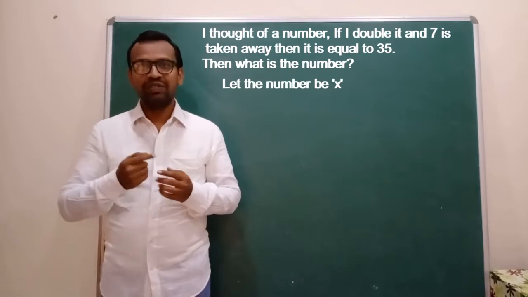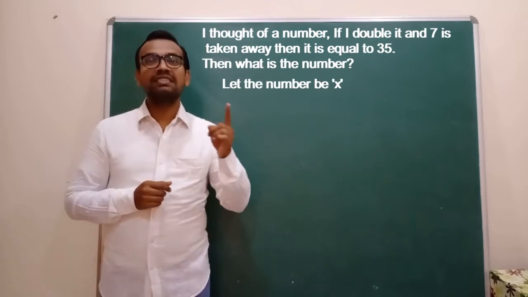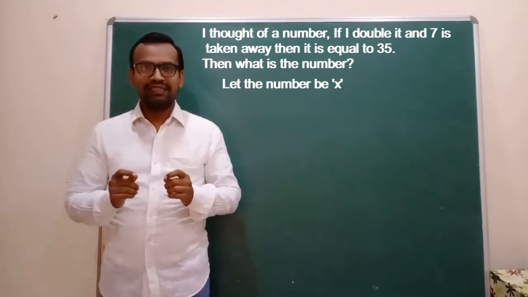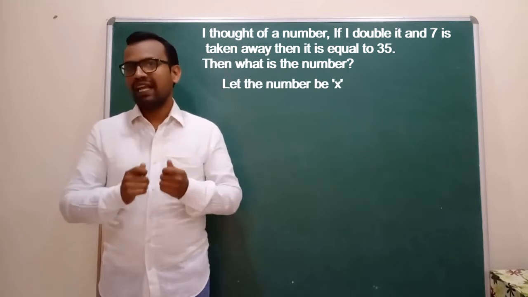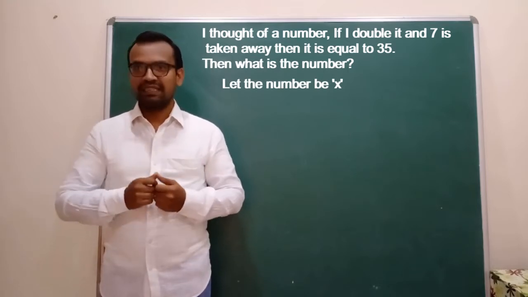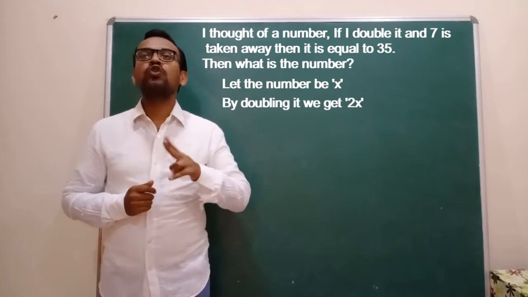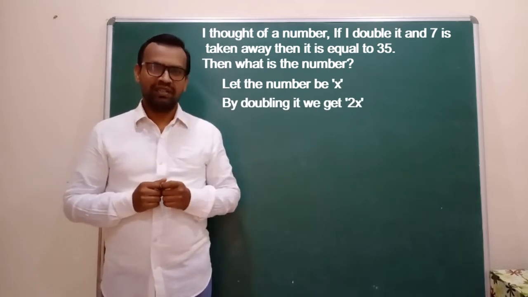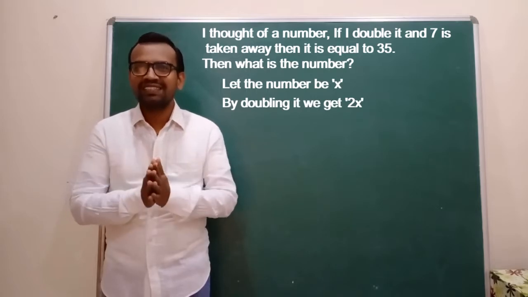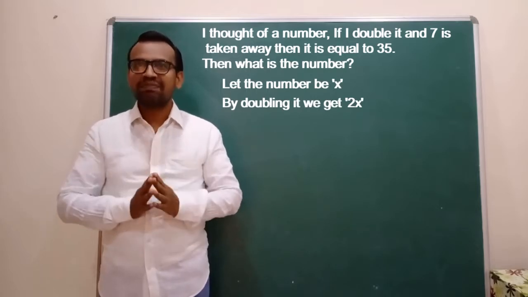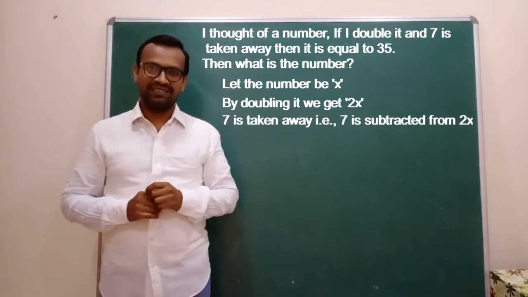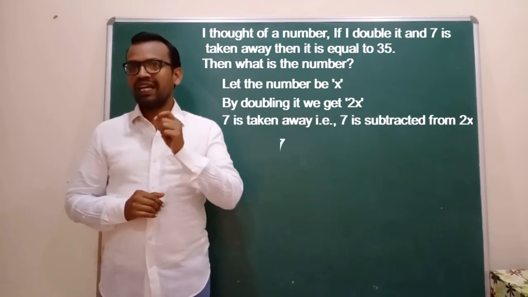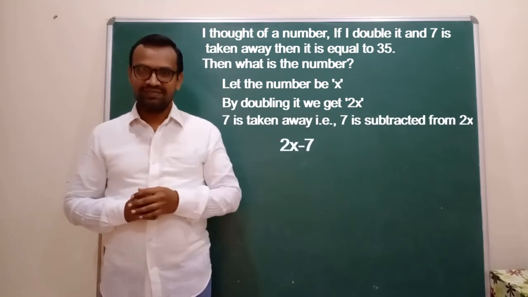Then what do we have to do next? If the number is doubled, that means if we double x, after doubling, it becomes 2x. And 7 is taken away. What does it mean? That means that 7 is subtracted from 2x. So it becomes 2x minus 7.